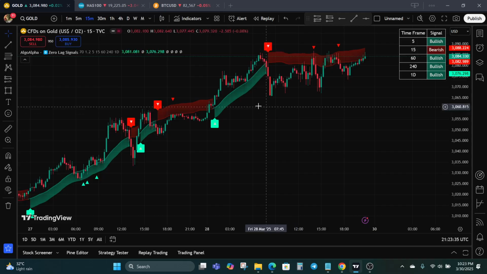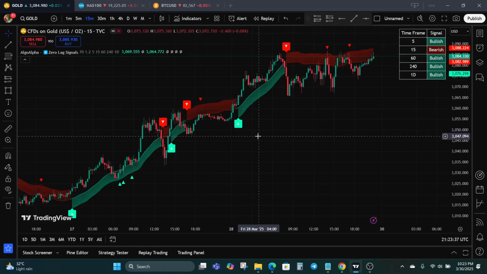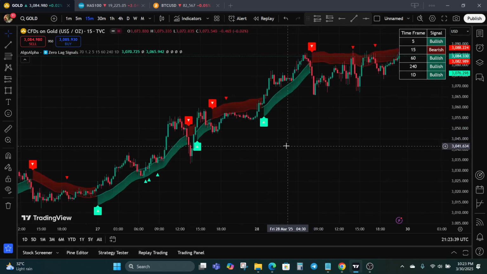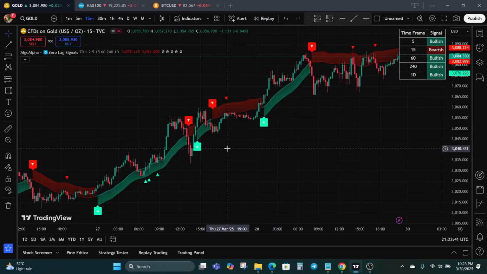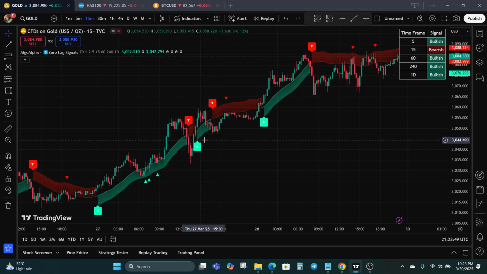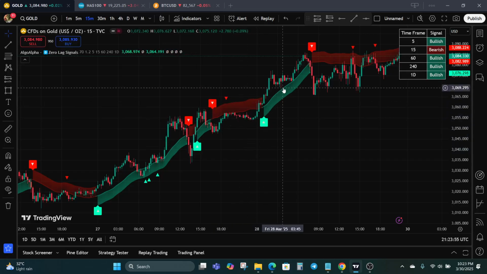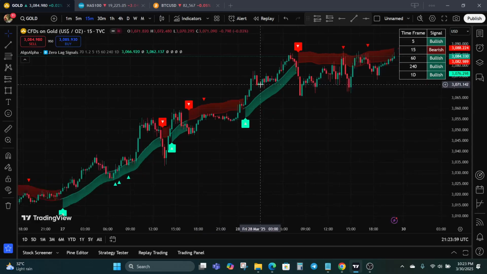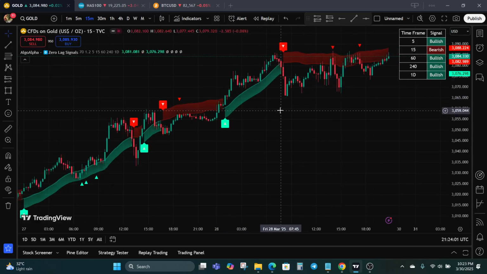So how does the zero lag trend signals indicator help traders get ahead? One is the fast trend recognition. Unlike standard moving averages, this indicator adjusts quickly to price shifts. And then, as you can see, it provides clear buy and sell signals. Can you see? This is a precise buy signal, a precise sell signal, and so on and so forth, right? So if you are a complete beginner, you can take advantage of this indicator.